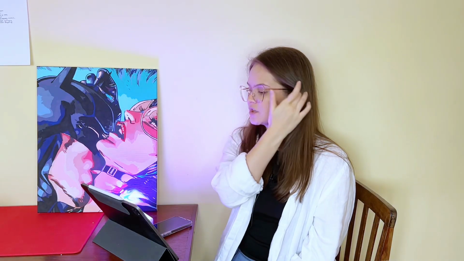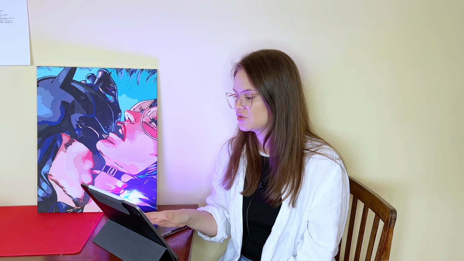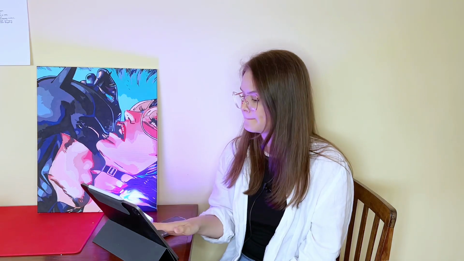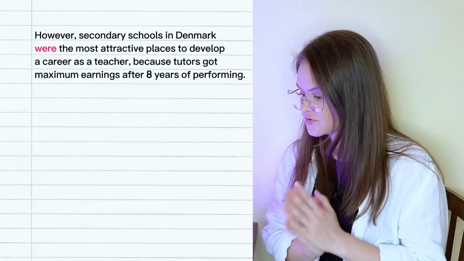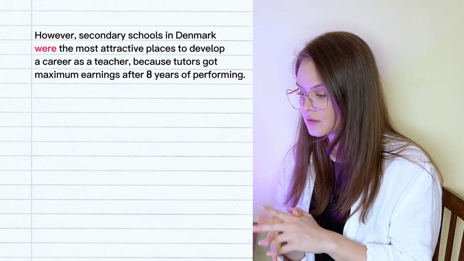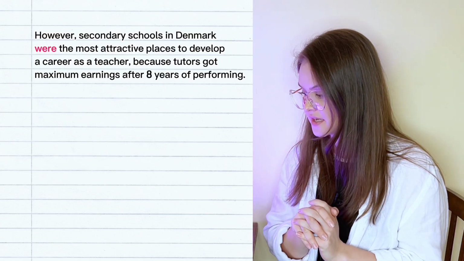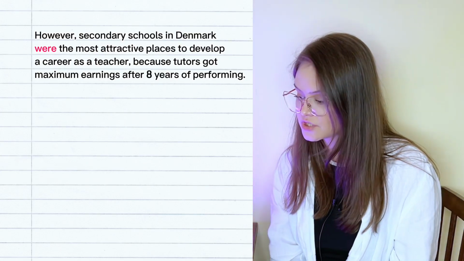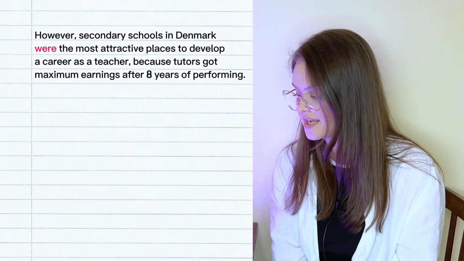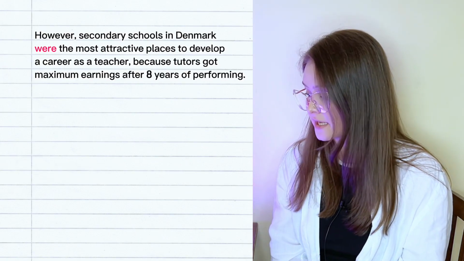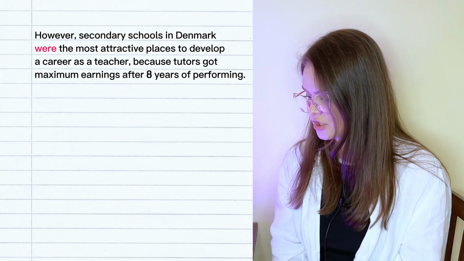Let's take a look at one more example which was used by my student in the table description. However, secondary schools in Denmark were the most attractive places to develop a career as a teacher because tutors got maximum earnings after 8 years of performing. What is possible to do here?